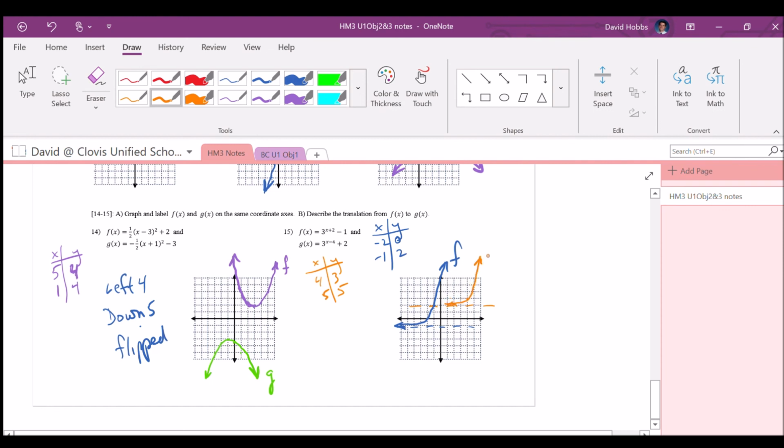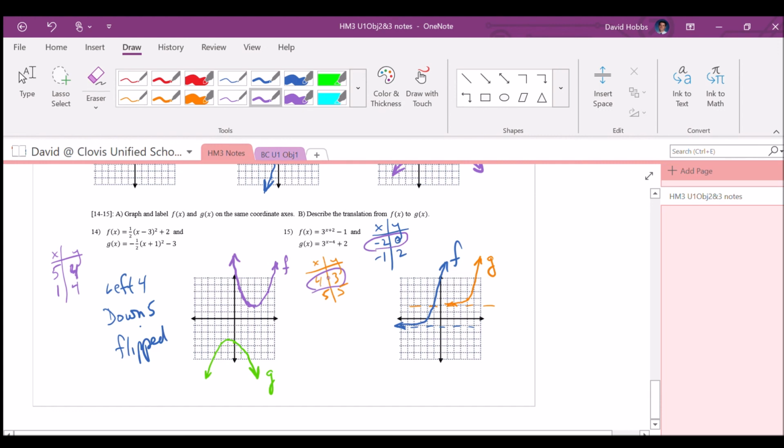Because these two graphs are essentially the same graph, it's just that they are translated. So from F to G, focus in on the point that would be like the 0, 1 point. So from F to G, from -2, 0 to 4, 3.